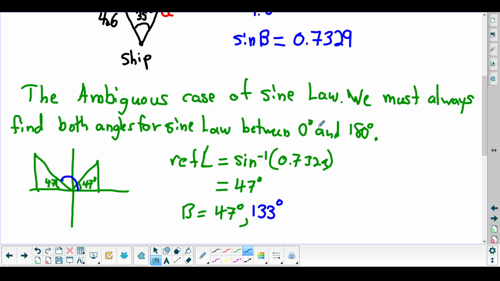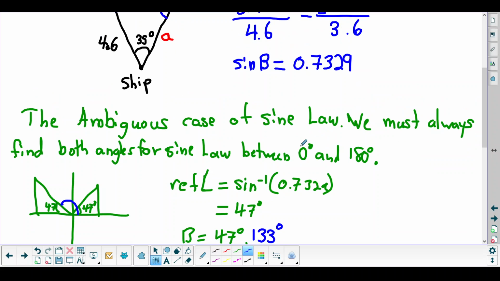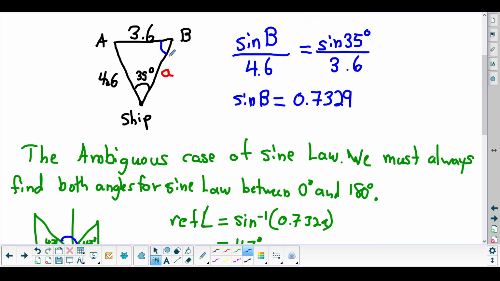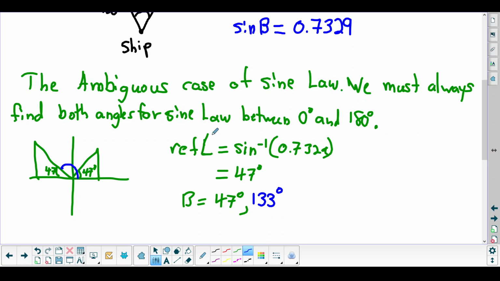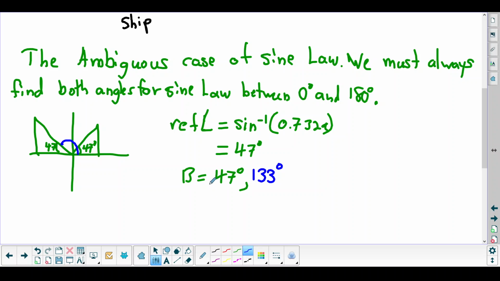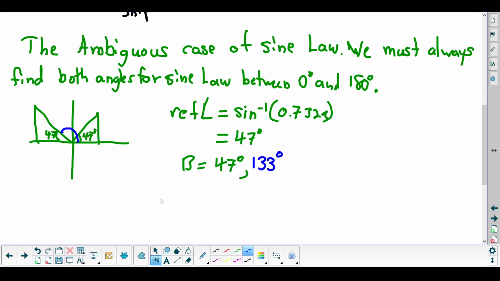Now let's see how this works. One thing to note, and we'll see this on the next question as well, is sometimes the larger angle, the angle between 90 and 180, is impossible. In this case, we have 133 degrees here and a 35 degree. We'll still be able to find an angle for A, but sometimes we won't. 47 degrees, the acute angle between 0 and 90, will always give us a possible solution.